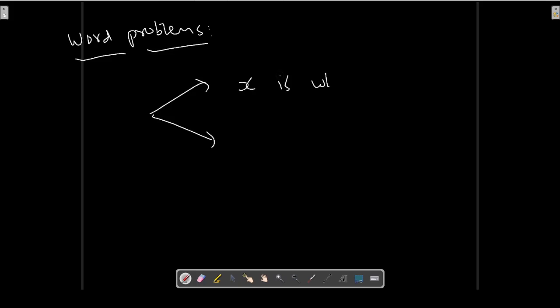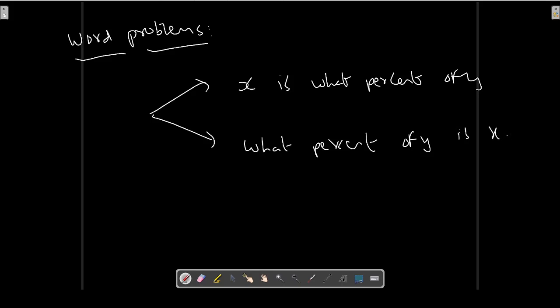X is what percent of Y. The second way is what percent of Y is X. Here, the meaning of both the questions is same. In the first question, he is asking that X is what percent of Y.